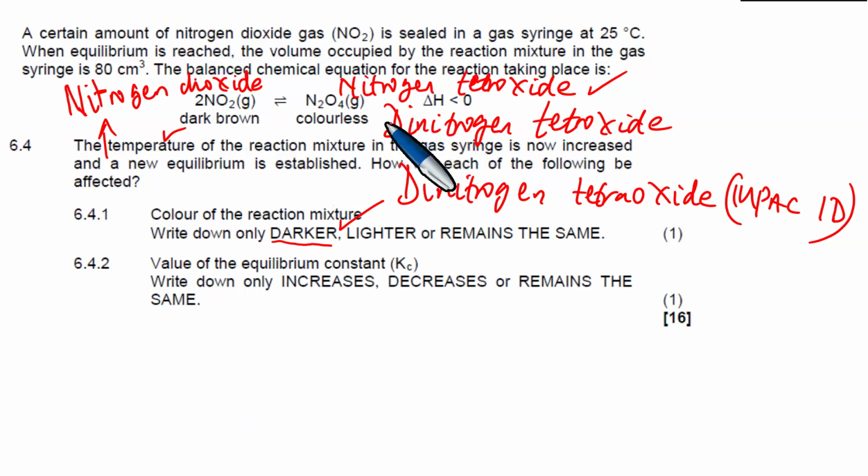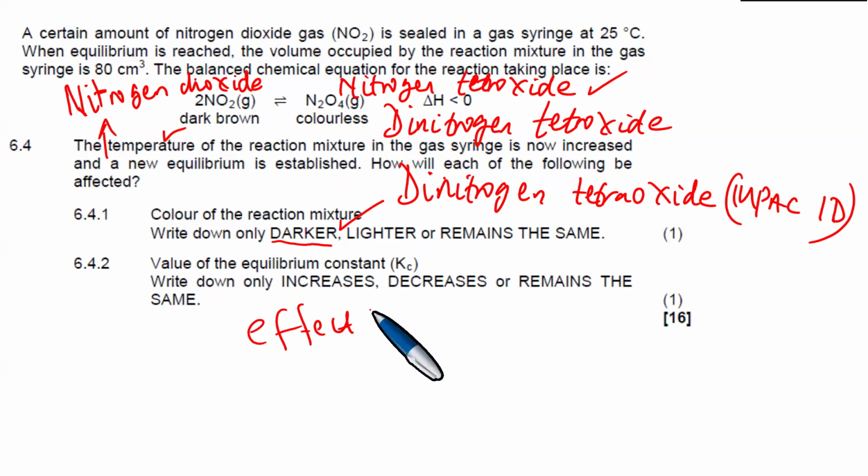Since the heat of reaction is negative, the forward reaction is exothermic, and therefore an increase in temperature will favor the endothermic reaction. Why? According to Le Chatelier's principle, it favors the reaction that will counter the effect.